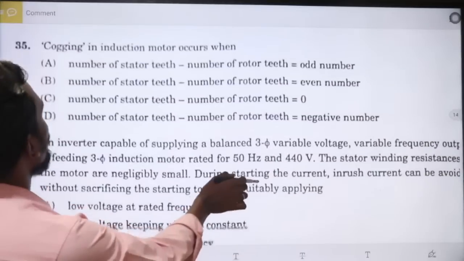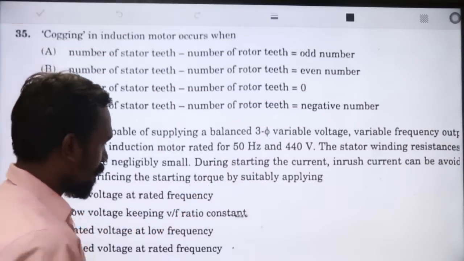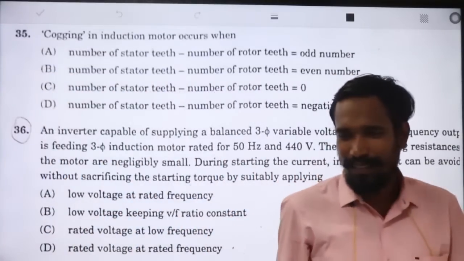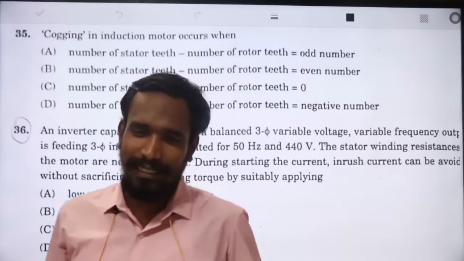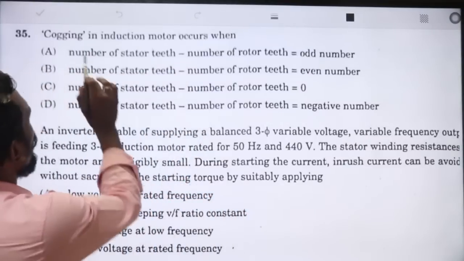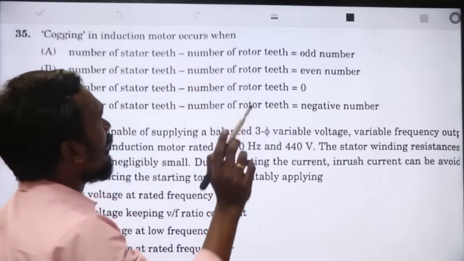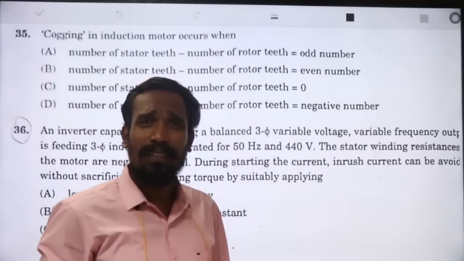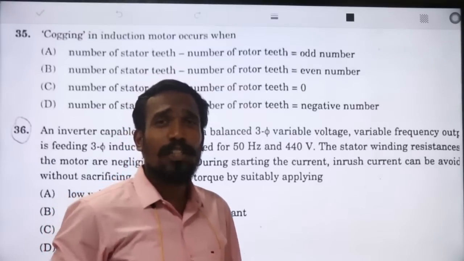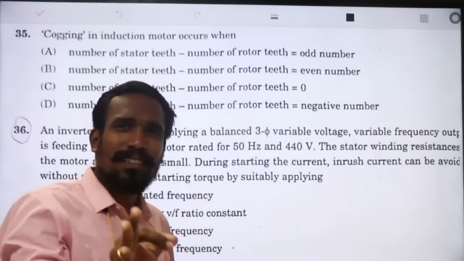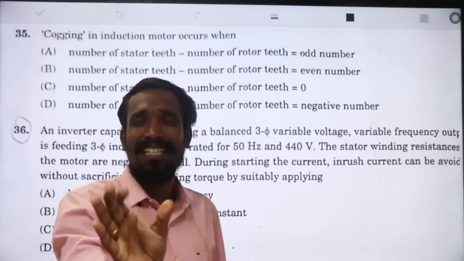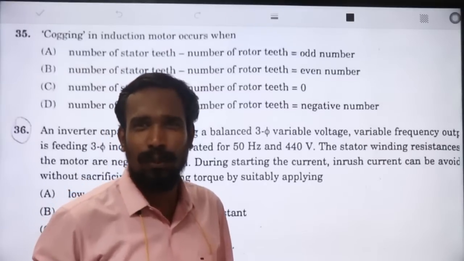Yeah, our machines questions came, guys. Let's see now. Cogging in induction motor occurs when? Actually, I told you in the class, 100% they will ask a question from cogging and crawling. Wherever you go.